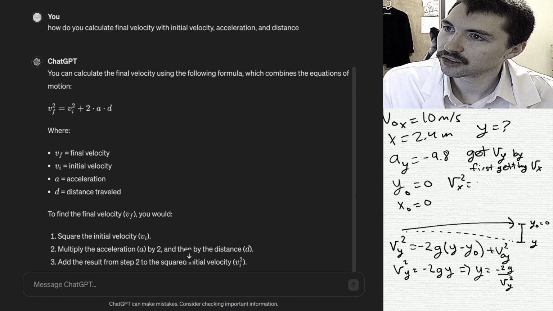So there's no acceleration in the x direction, right? So all this would be 0. So the final, it would just be v naught x.